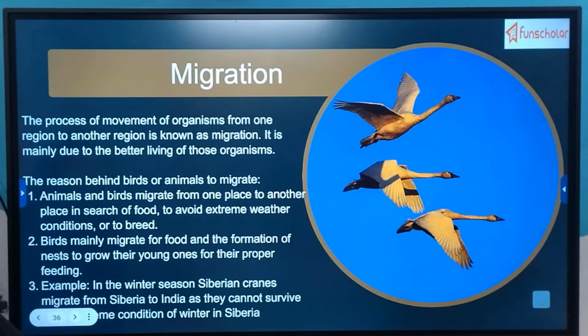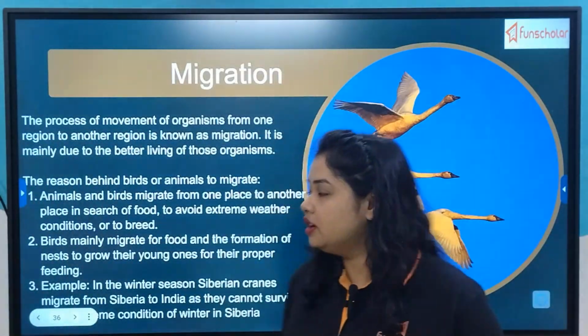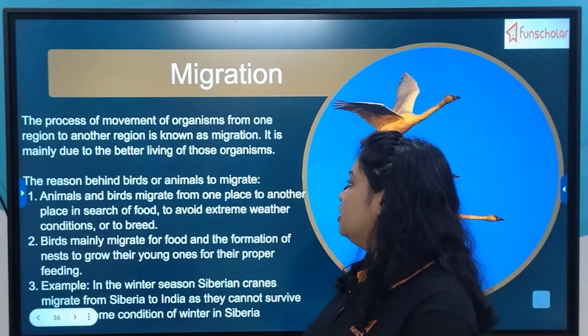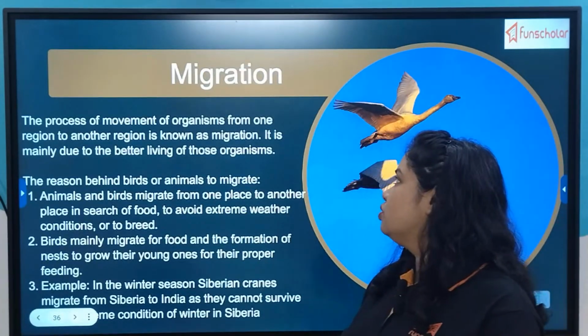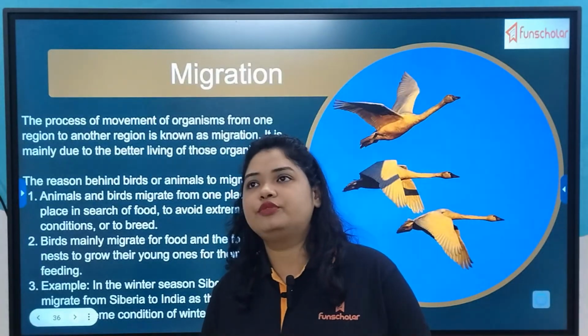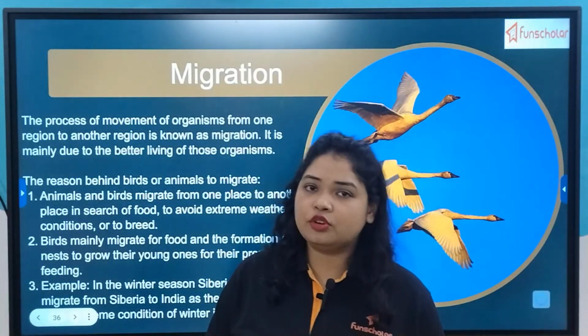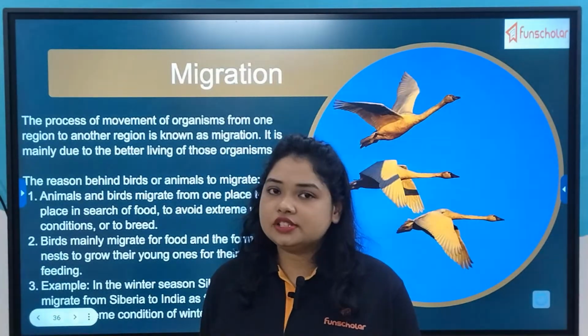Now coming to migration. Migration is a phenomenon which is observed in many organisms. Earlier it was a fallacy that migration can be seen only for birds moving from the very cold regions to the warm regions. No, it is not the case.